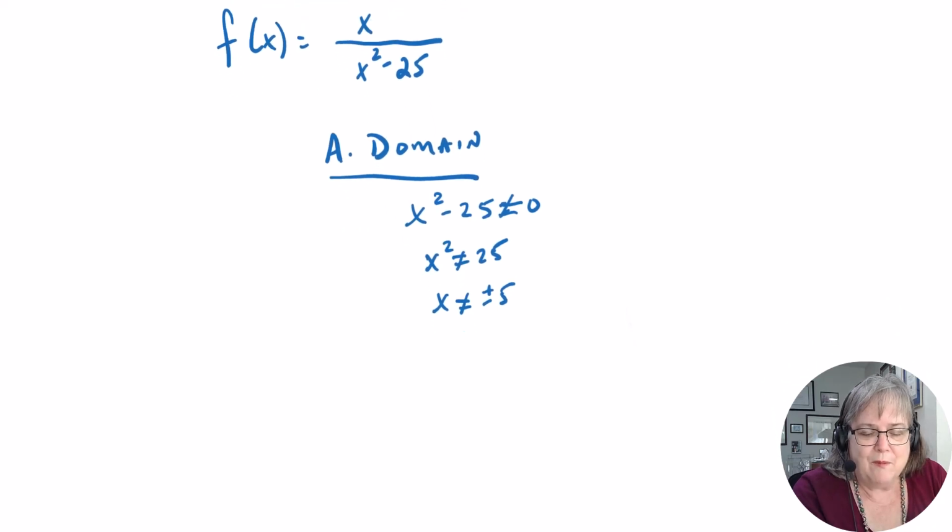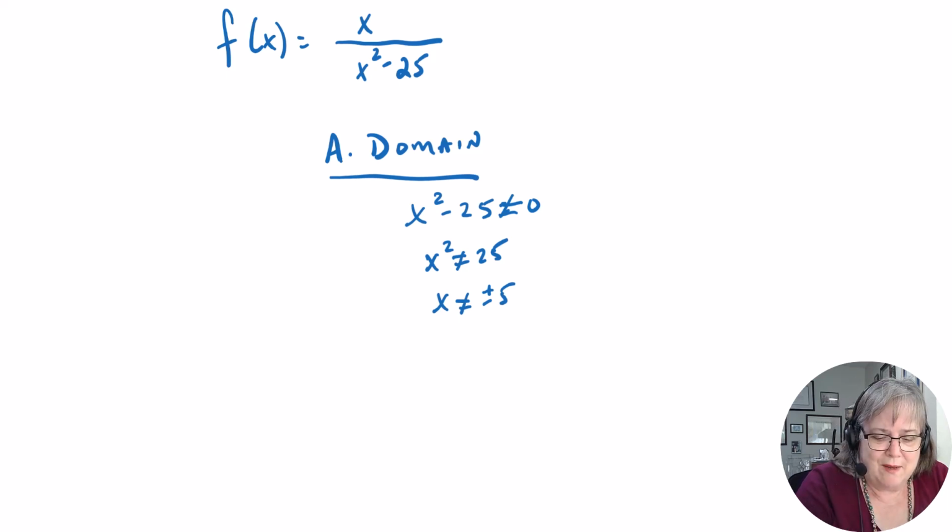Now, when they ask about the domain, they don't want to know what you can't have. Now, sure, sometimes people say, tell me about the domain restrictions. But when they're asking about the domain, they are technically asking what can you have, what is included.